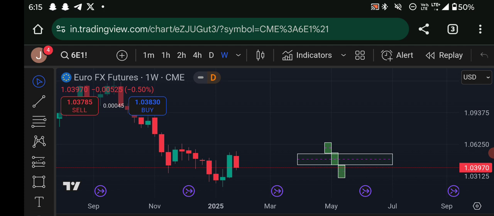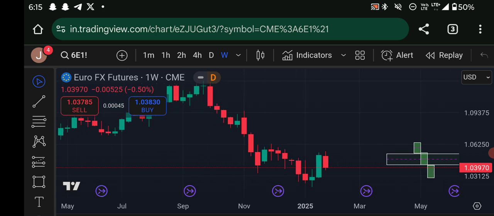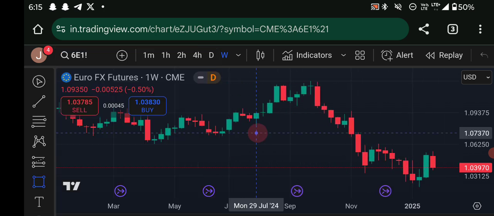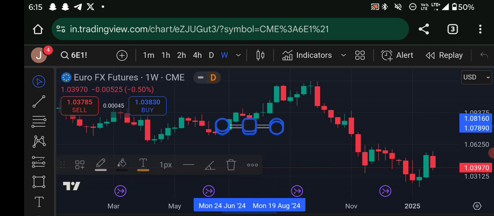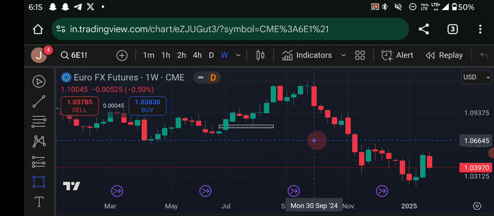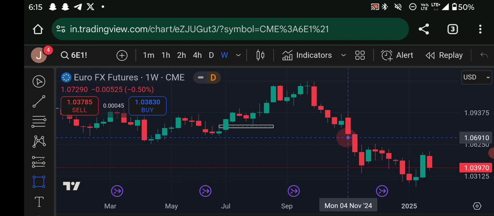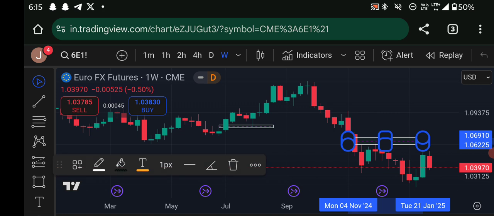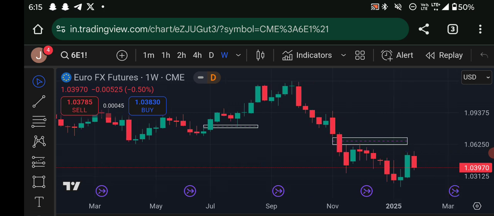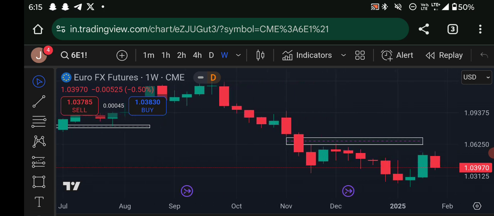In a FVG, be it a buy side imbalance, sell side inefficiency, that is a bullish fair value gap, this, or a sell side imbalance, buy side inefficiency, like this, there is an inefficient price delivery where price once again retraces to balance the inefficiency.